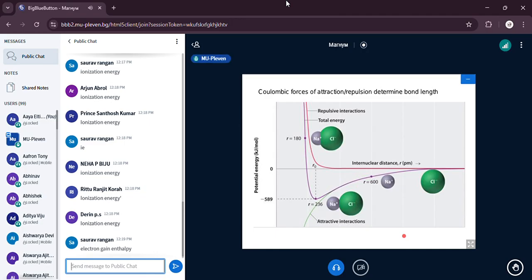How can we characterize bond length when we have ionic bonding? So, suppose these ions, sodium and chloride ions, are far from each other. There is no energy, neither for attraction nor repulsion.